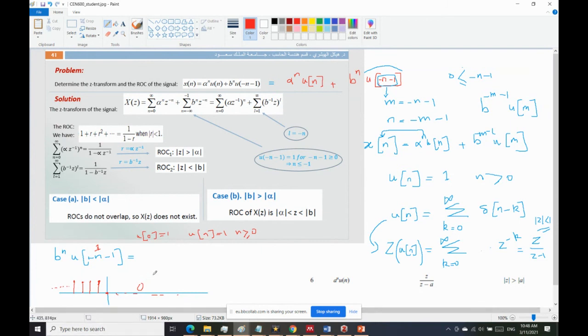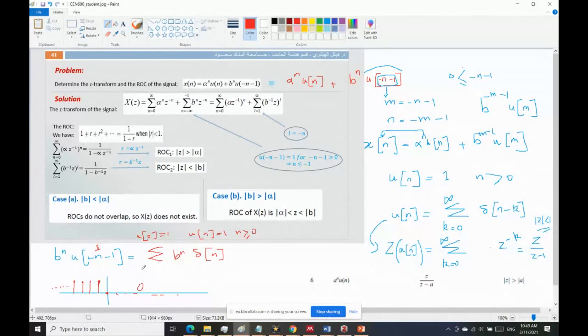So if we want to write it as a sum, it's actually equal to b^n times the sum of deltas, where n goes from... which deltas are shifted? The first shift is 1, going down to minus infinity.